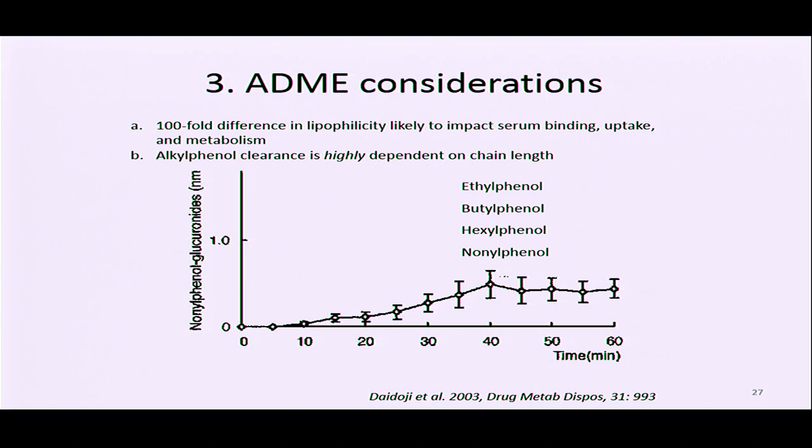But what this would have shown is data on basically the transport of nonylphenols out of the liver, and not just nonylphenols, the other chain lengths as well. And what you would see is there's much less transport of the higher chain lengths than there is of the shorter chain length.